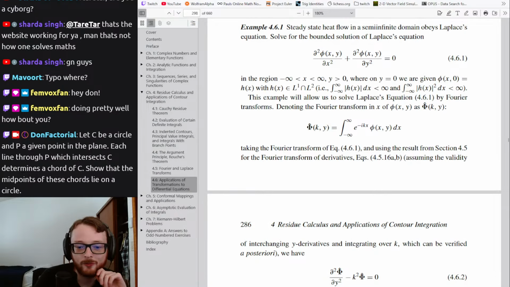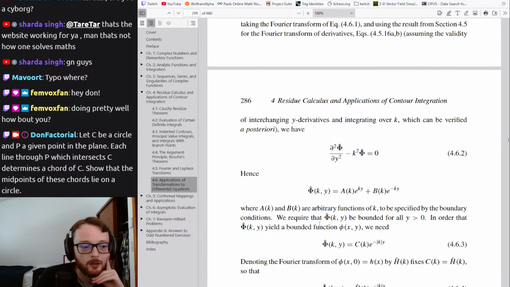I suspect that I found a typo in the book where I think they mean integration over x, but it's possible I'm missing something. They mean integration over k. But I guess the magic of this is that we've taken this PDE and transformed it into an ODE. Right here.